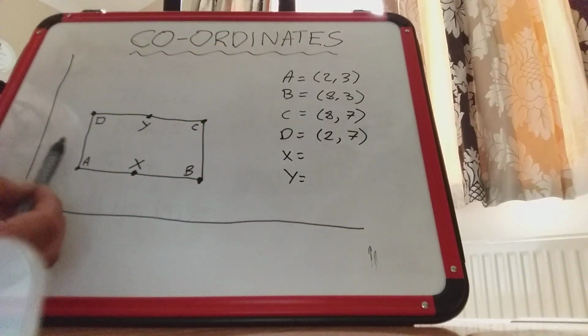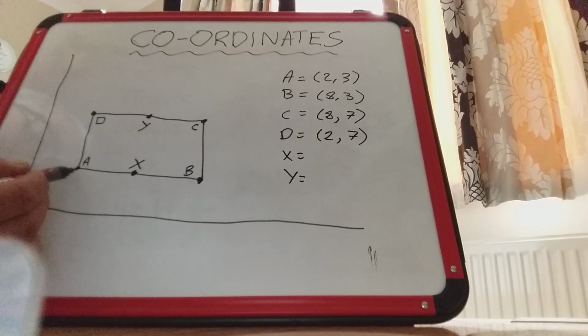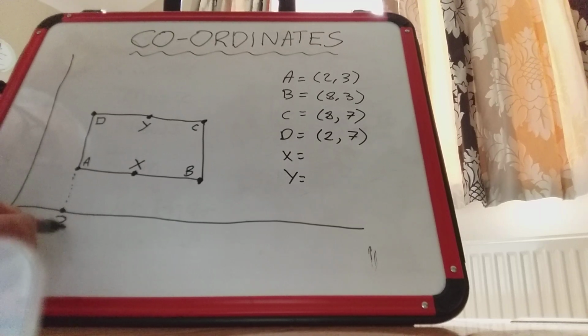So for example, the letter A says it's at position 2, 3. Now that means, if we draw a little dotted line down there, that A is 2 along and 3 up. And that's how we do coordinates. Remember, we always go along and then up.